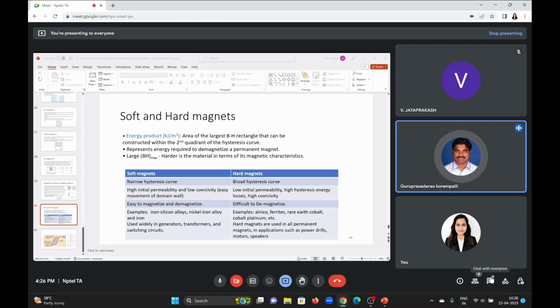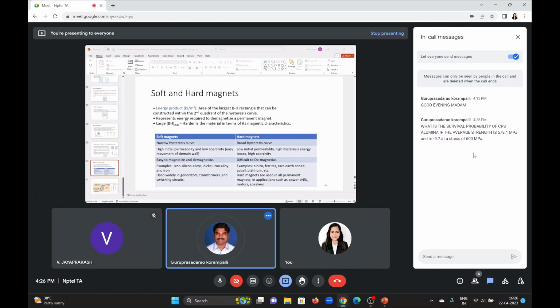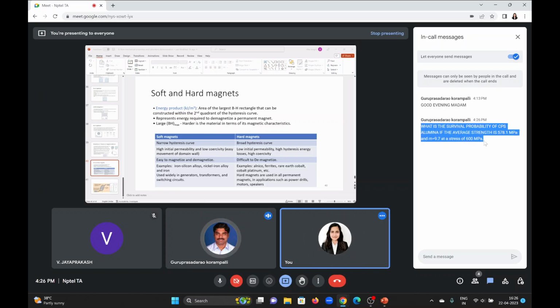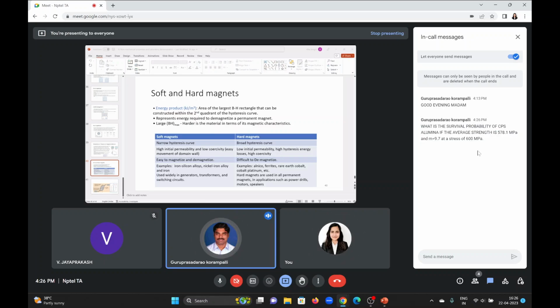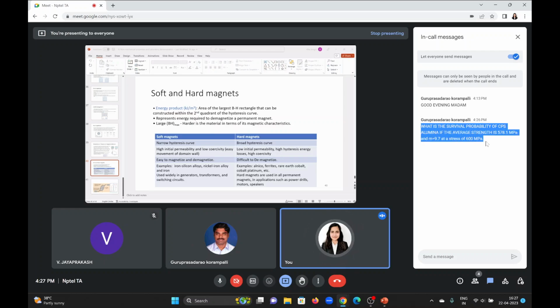I have typed one question related to survival probability of alumina. I don't know how to solve that question. It is in the third lecture, survival probability.